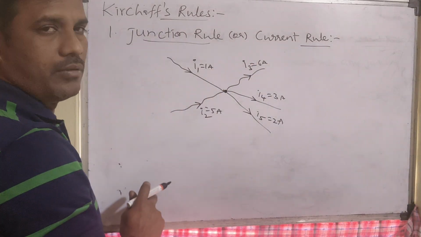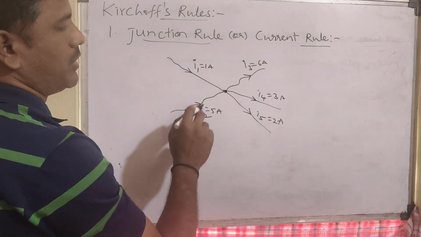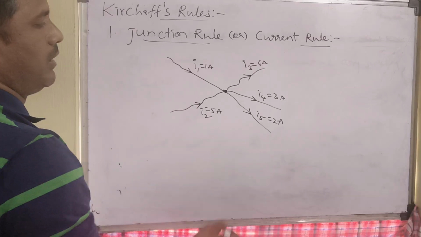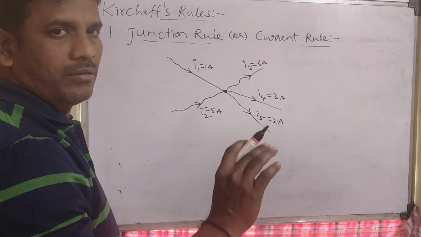That is the definition: the same amount of current that enters the junction leaves from it.